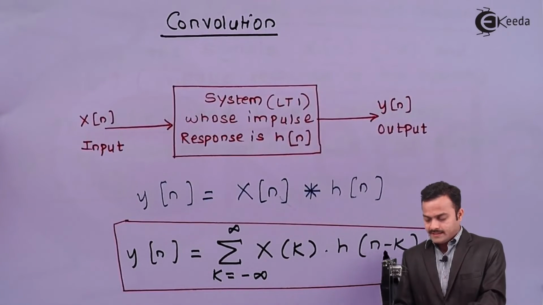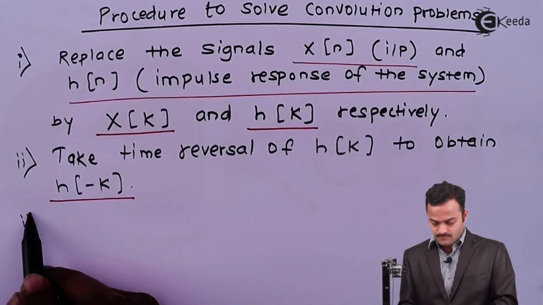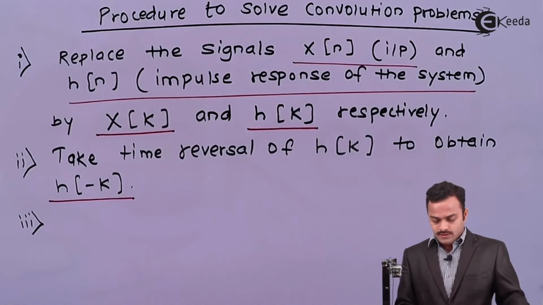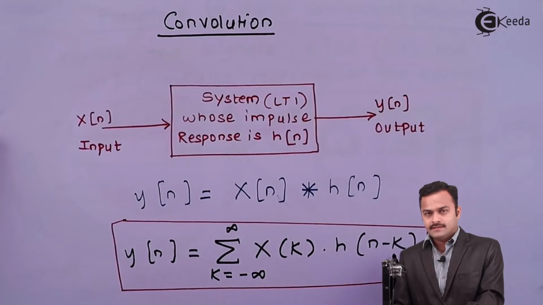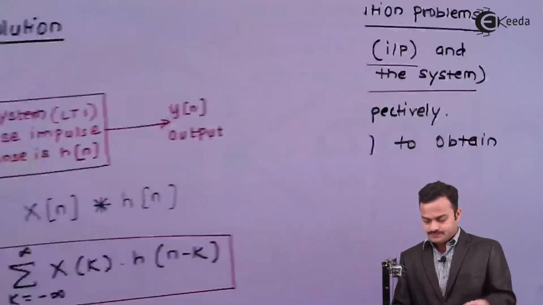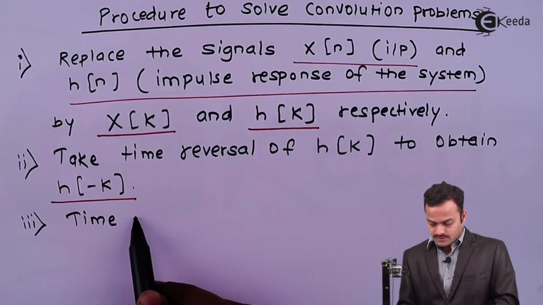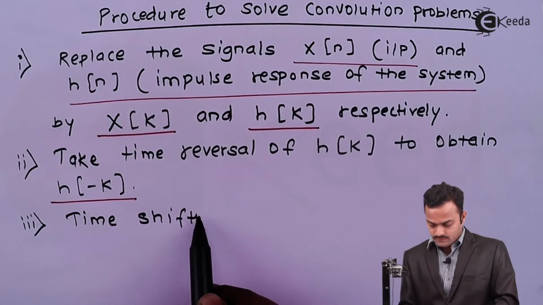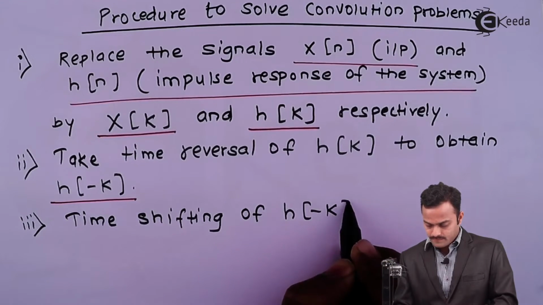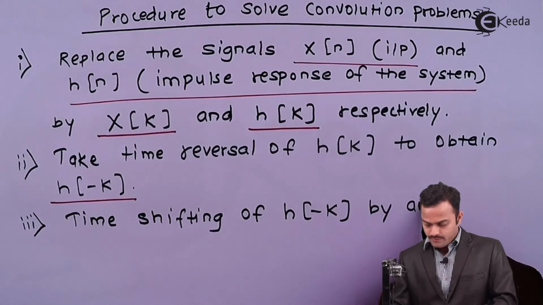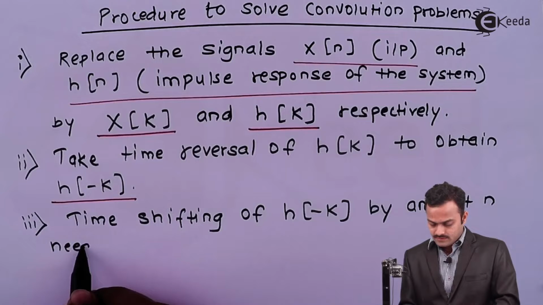And now there is an n term which is dependent upon this y of n. So now what we are going to do, this h of minus k, we are going to shift by n. N may be positive or negative. So time shifting of h of minus k by amount n needs to be done in step 3.